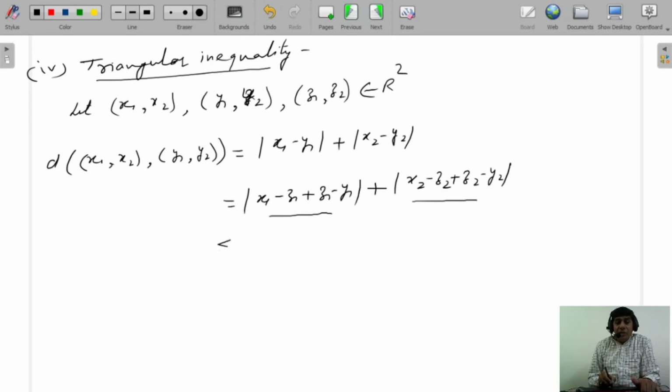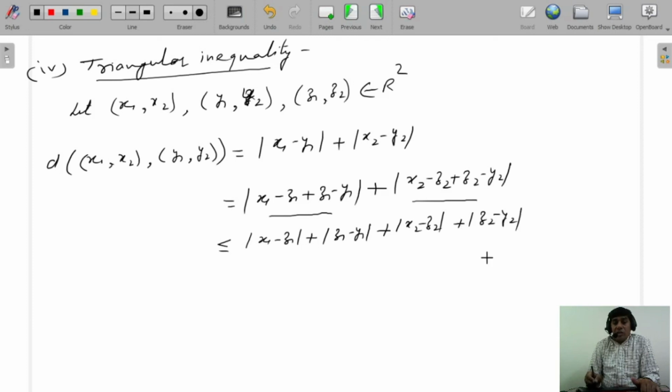Which is less than or equal to modulus of x1 minus z1 plus modulus of z1 minus y1 plus modulus of x2 minus z2 plus modulus of z2 minus y2, because we know that modulus of a plus b is always less than or equal to modulus of a plus modulus of b for any values of a and b.